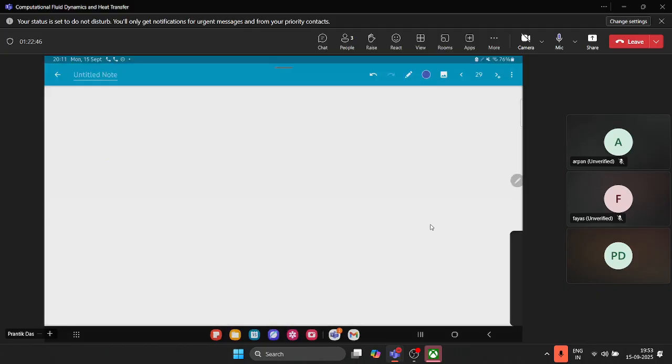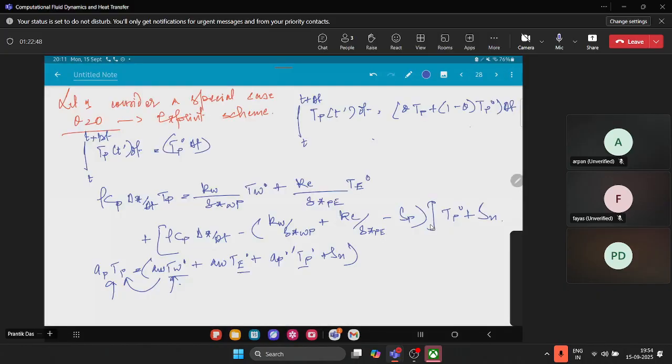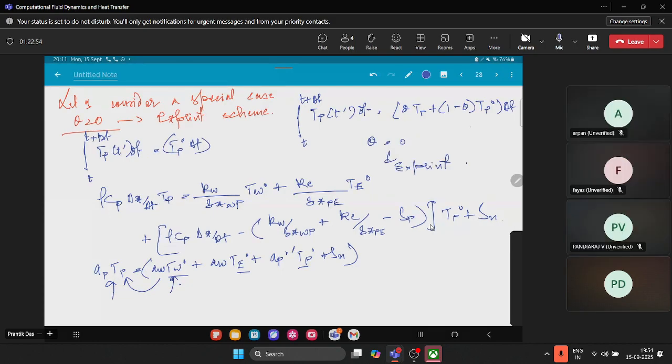As I said earlier, if theta equals 0, that is called an explicit scheme. If theta is between 0 and 1, that is called an implicit scheme. If theta equals 1, that is called fully implicit.